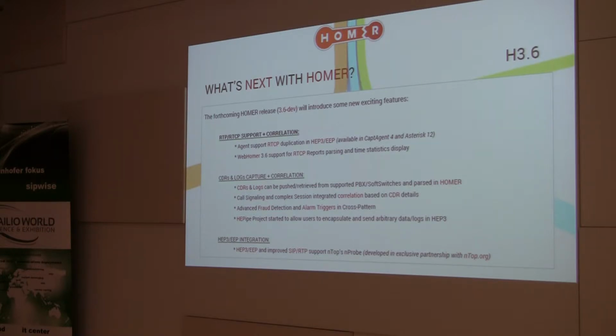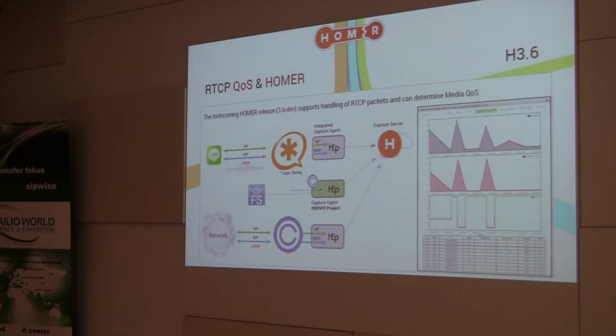It's also very important that we now have a partnership with Entop.org. It's a very popular project which created the Entop application, and that application now has integrated support for HEP and RTCP RTP statistics.